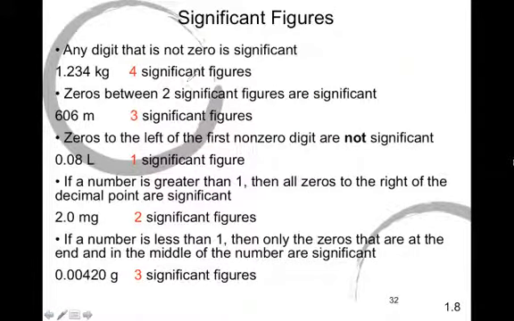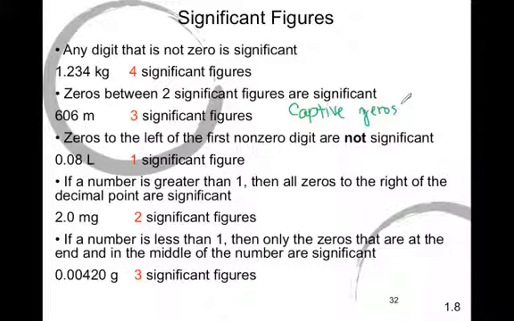I'm going to call these captive zeros. Those zeros are being held captive between two non-zero numbers. So example, 606, that 0 is being held captive. So we do count that 0 as significant, and it has 3 significant figures.